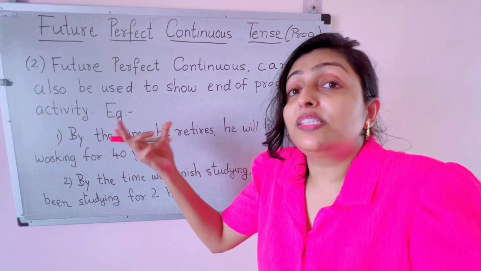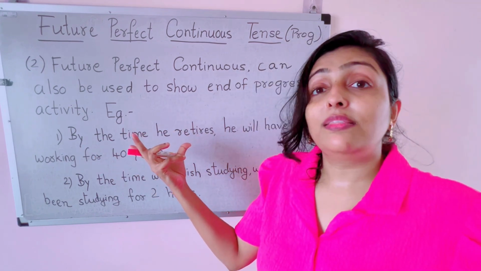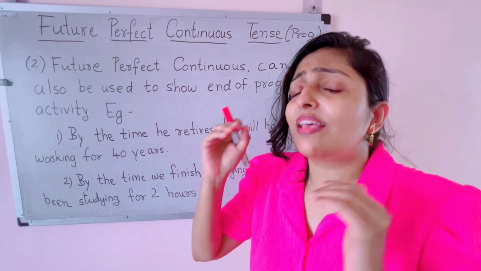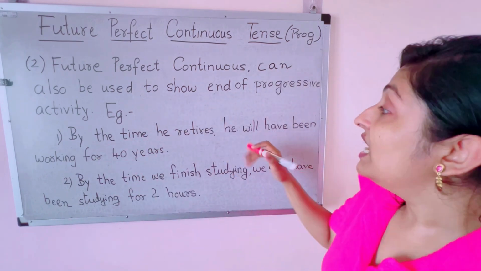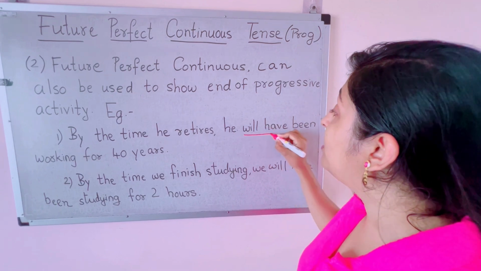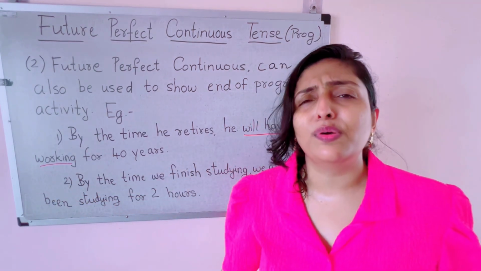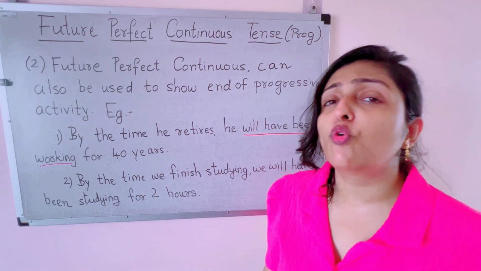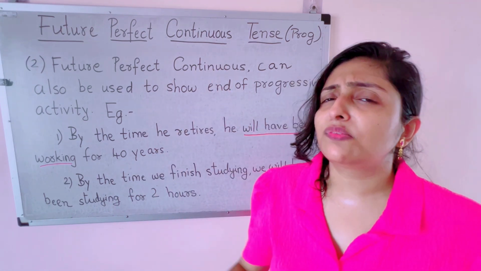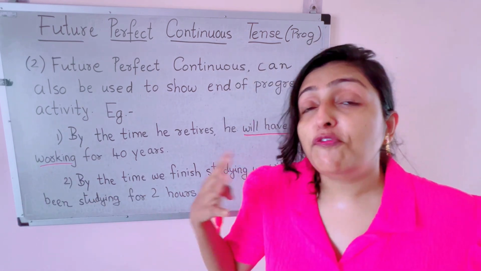Look at the first example, how the situation is changing by the time he retires. So here the time expression specifies that there is a stop, there is an end of an activity. By the time he retires, he will have been working for 40 years. May I take you to my previous example of rule number 1, and that is by 3 p.m. I will have been studying for 4 hours.